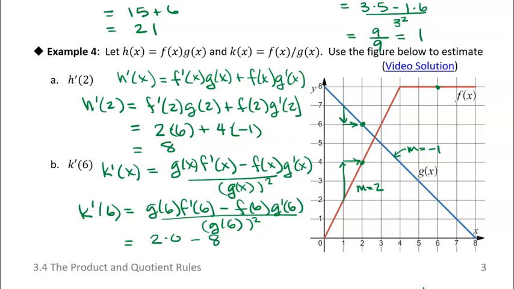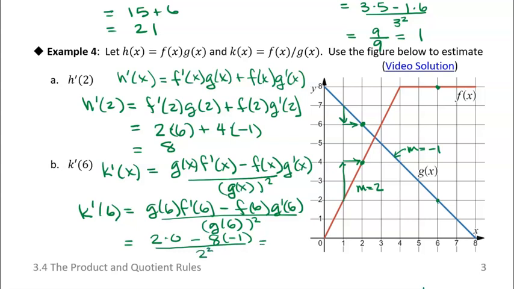Because that's the value of y when x is 6 for that function f. And g prime at 6 is the slope of this function, which we already said was a -1. And then we're going to divide all of that by g of 6. G of 6 is 2, but we've got to square it, so it's 2 squared.